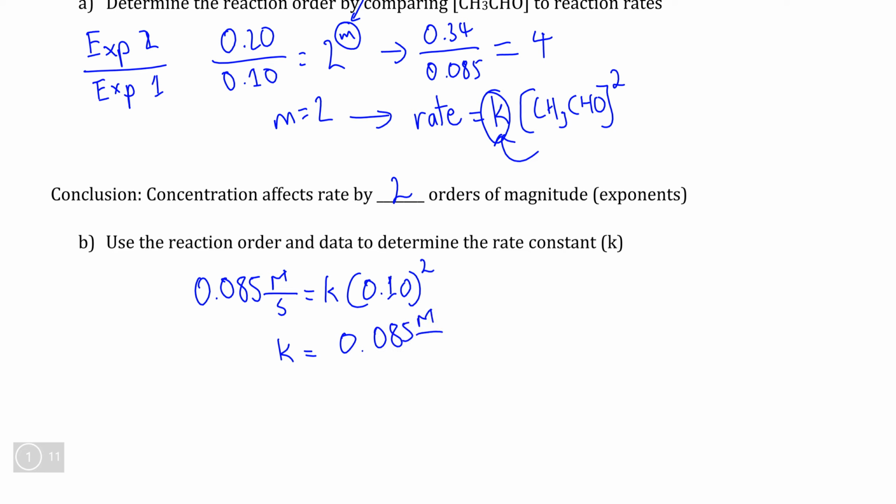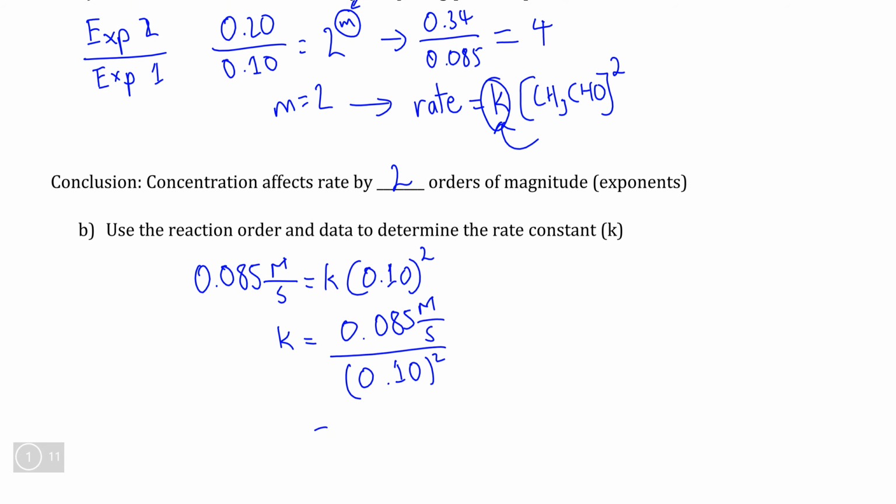0.085 moles per liter per second divided by 0.10 squared. And if we put this into our calculator, this comes out to 8.5. And if we were to follow our units, so if we were to actually do this division here to check the units, we know that 0.10 is moles squared.